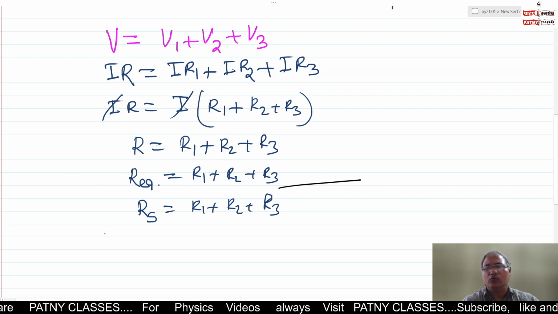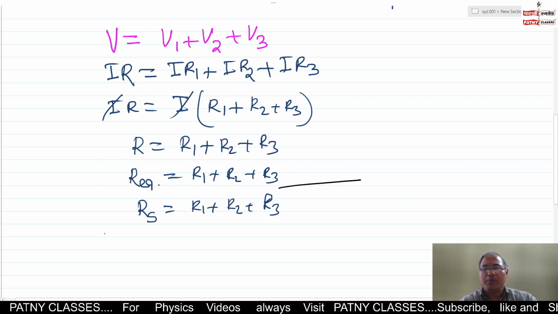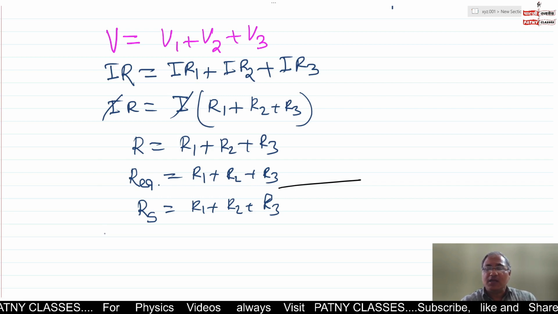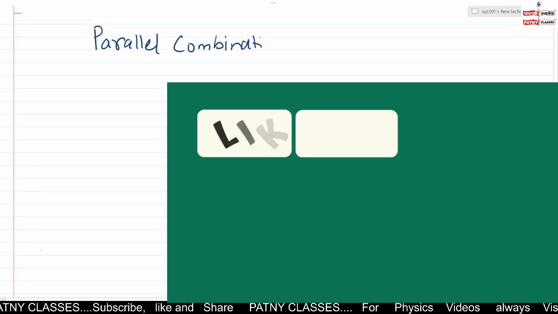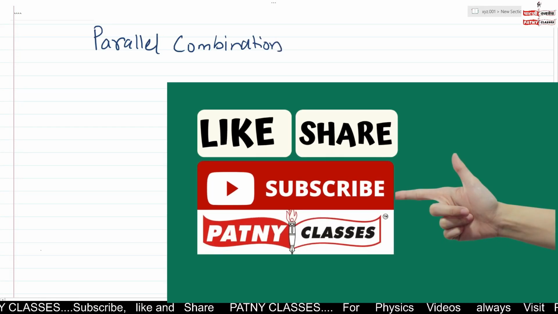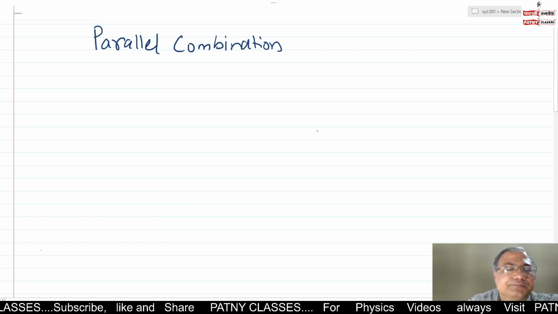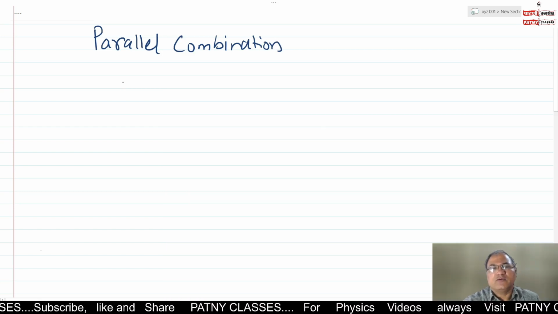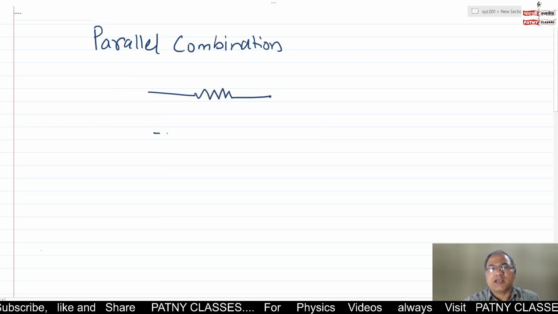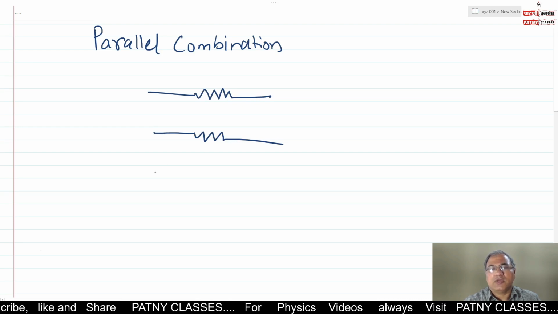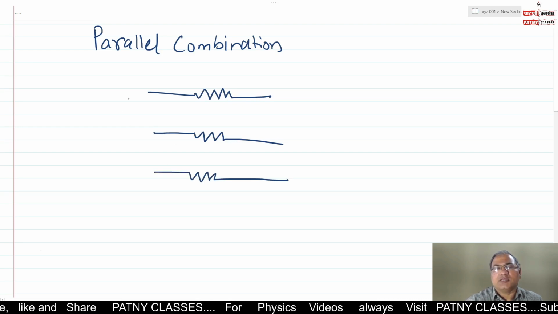Now let us move to obtain the expression for parallel combination, and let us understand what exactly the parallel combination is. Suppose we have three resistors. Let us say the first resistor R1, the second resistor R2, and the third resistor R3.